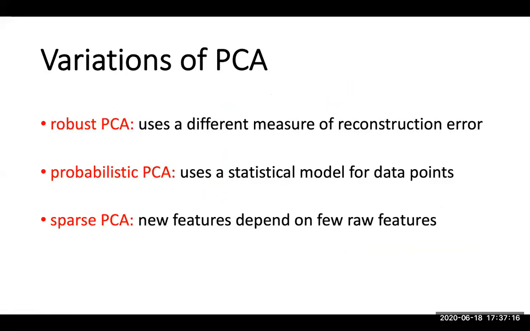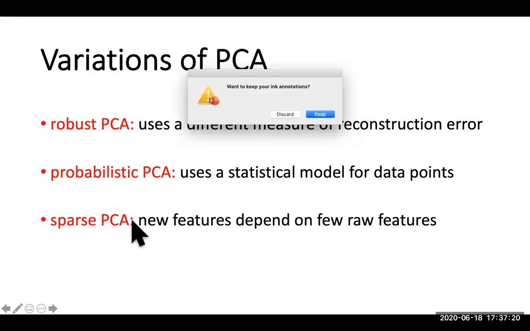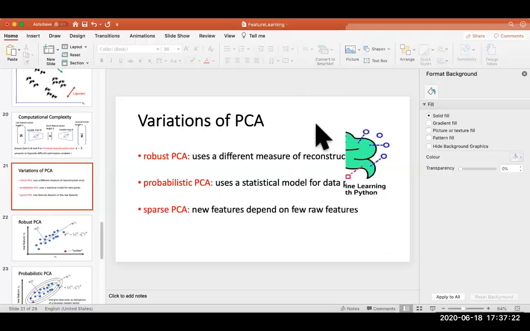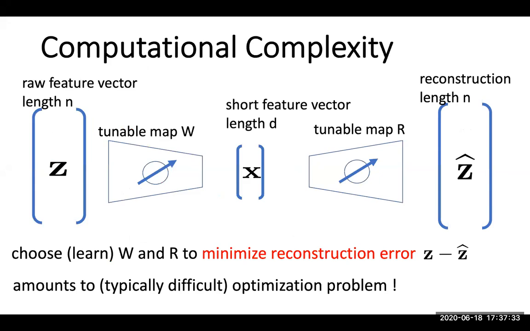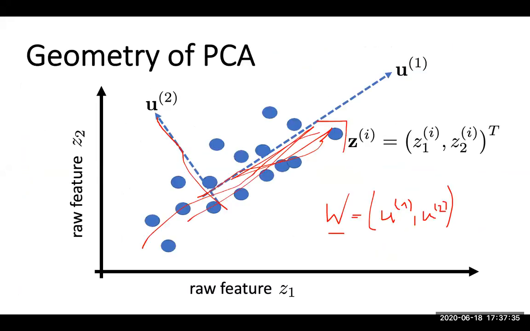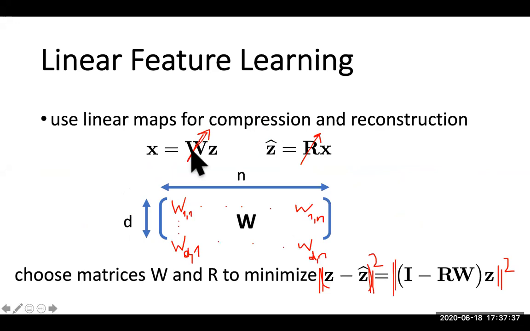Then there's also another variation which I will not talk about in detail, which is called Sparse PCA. In Sparse PCA, we modify original PCA such that each new feature depends only on few raw features. Because in standard PCA, or plain vanilla PCA, this vector X contains the new features, the compressed features.